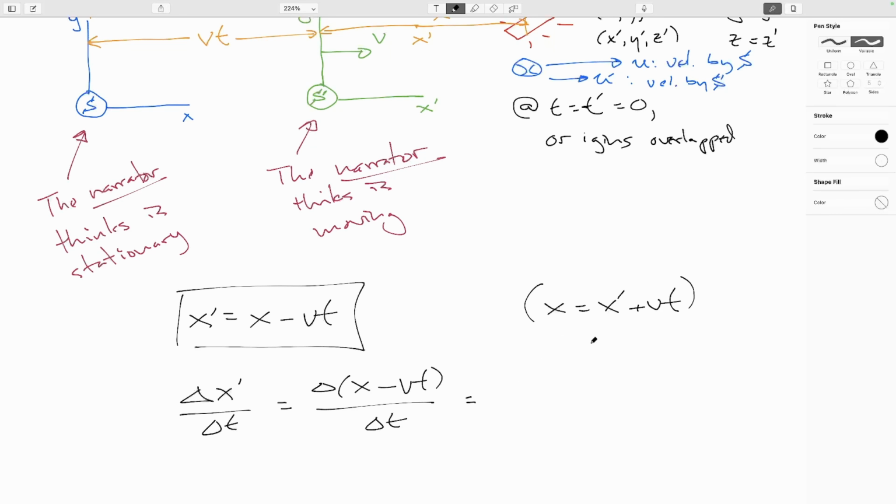We'll call the times t2 and t1, or t final and t initial. So this will be our x final minus v times t final. There we go. And so that's the final value of this quantity. And I will subtract the initial value of this quantity, x initial minus v t initial. I'll be dividing all that by delta t.